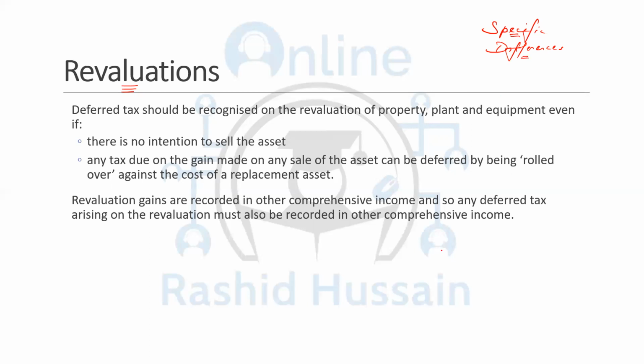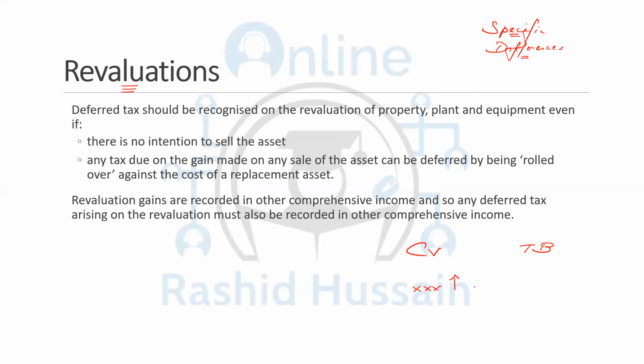So remember, we need to compare two things. We have the carrying value compared with the tax base. This is what we have been doing since the inception of IAS-12. The carrying amount will be increased when there is a revaluation.